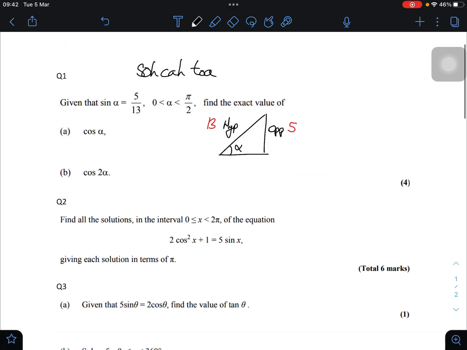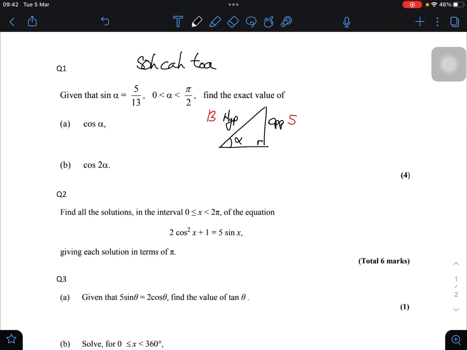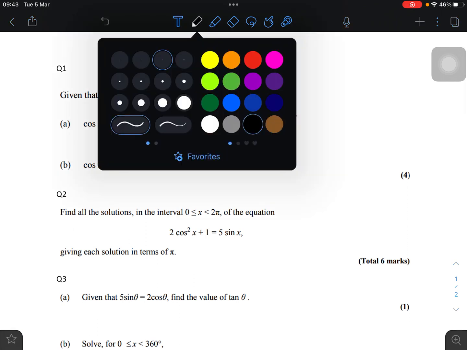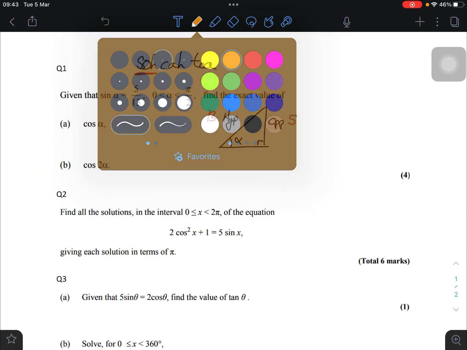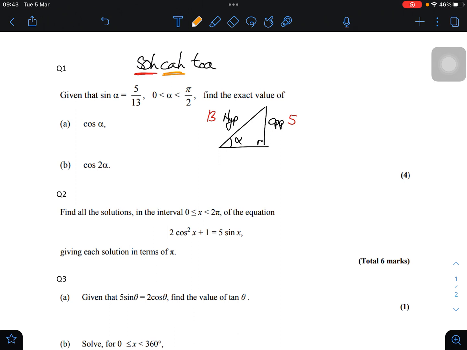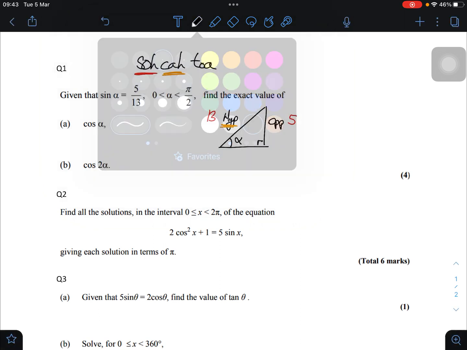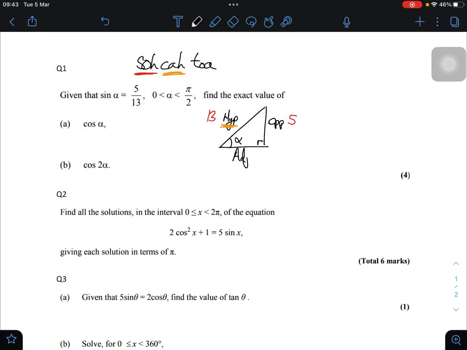And so therefore, if we're working with a right-angled triangle, we can find our last value here, and therefore we can figure out what cos of alpha would be. Because cos of alpha is going to be adjacent over the hypotenuse. So we know that it's going to include this value, the hypotenuse, but we also need the adjacent value.